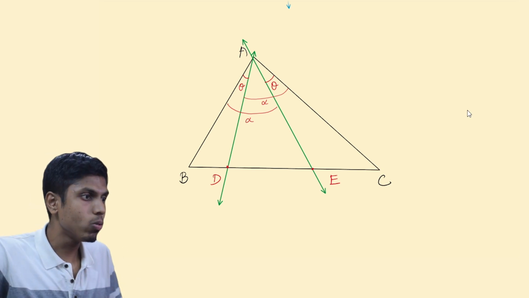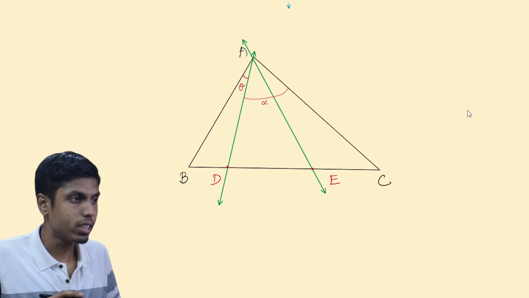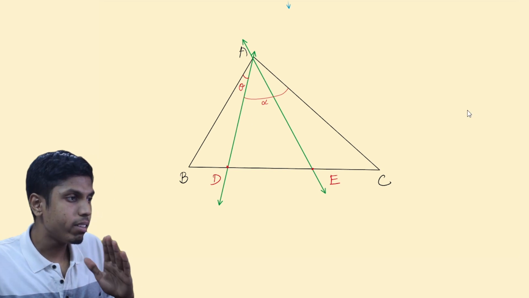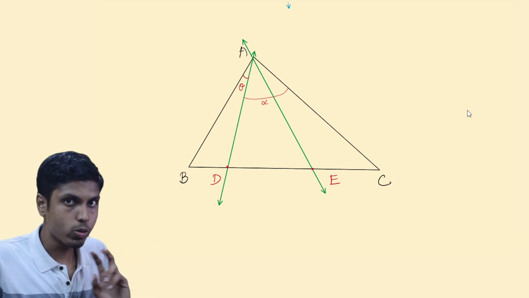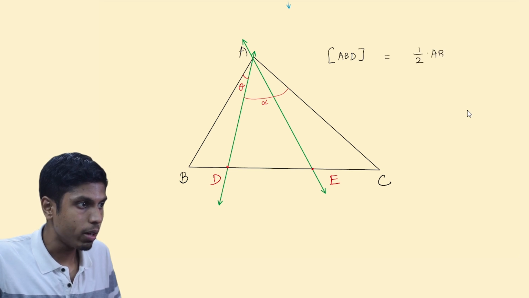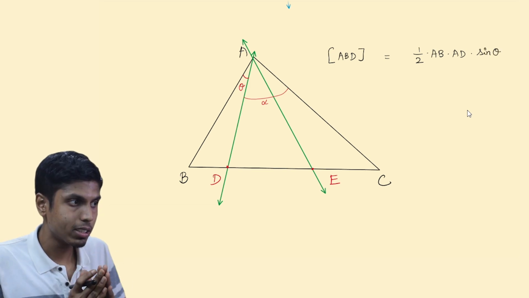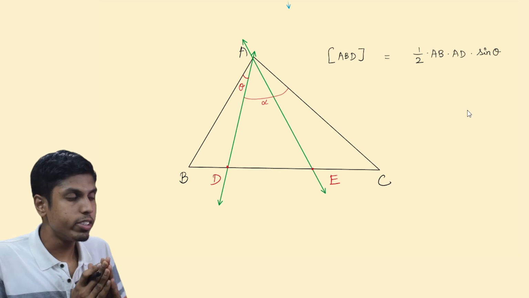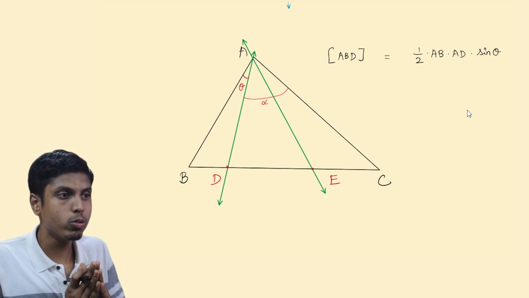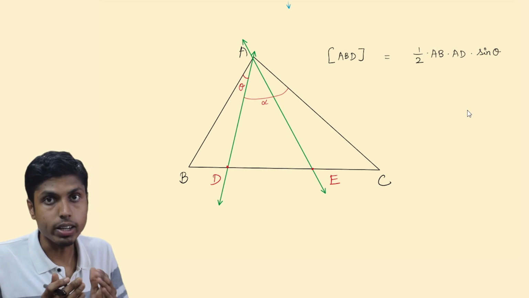All right. Now let's look into some area ratios. First, let's only consider the line AD. The line AD divides the entire area ABC into two triangles. So one is the triangle ABD. We consider the area of ABD to be half times AB times AD times sine theta. For people who are new to this, please look into this formula for the area of a triangle, which is half times the product of any two sides, multiplied by the sine of the angle between them.